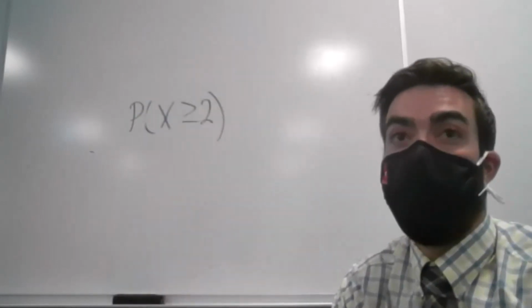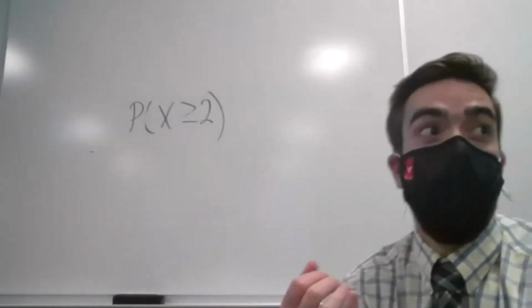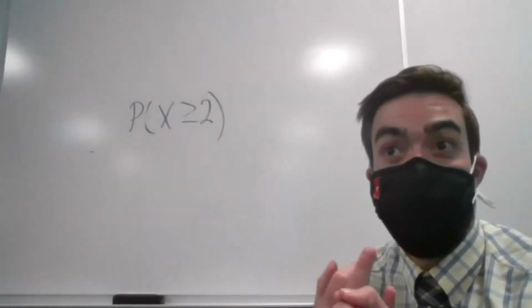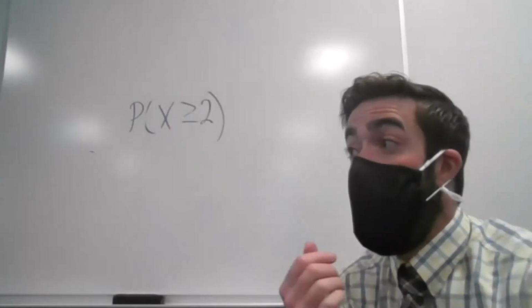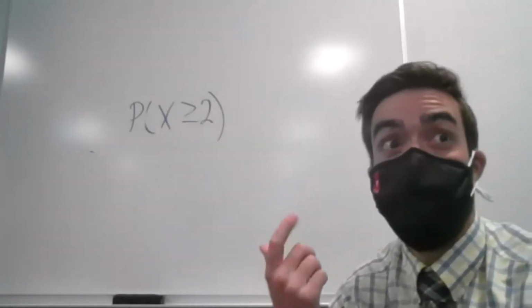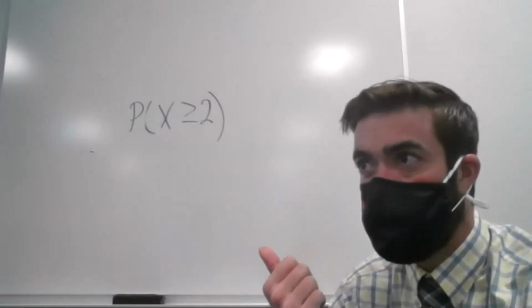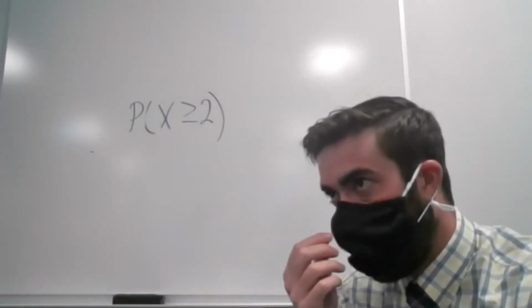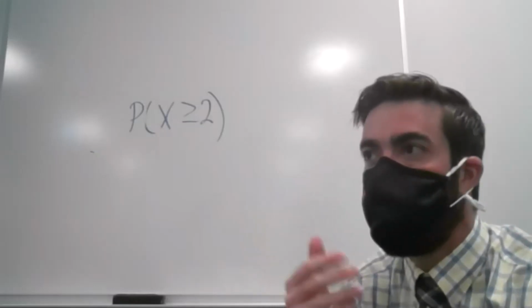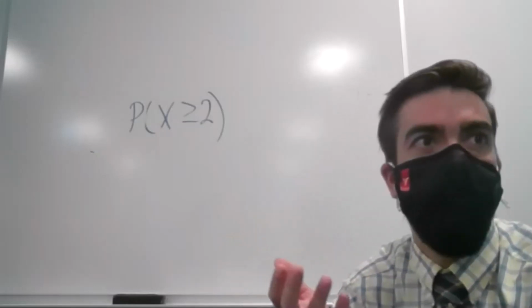Well, if I have 100 trials, what fits this criteria? X could be 2, X could be 3, 4, 5, 6. And to find each one of those probabilities, I have to use that binomial equation. So I'm going to be using it, what, 99 times, right? I don't want to do that. Or right, 98 times. That's insane, right? I don't have that much time.